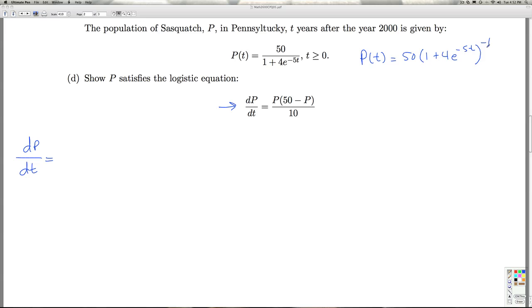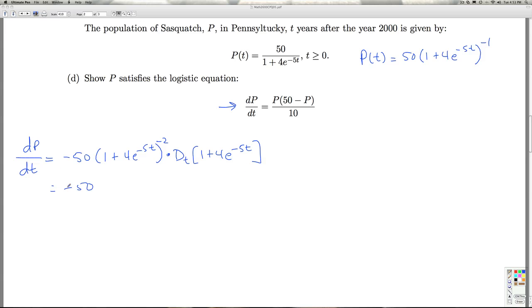The negative 1 comes down, giving negative 50 times (1 plus 4e to the negative 5t) to the negative 2 power, times the derivative of what's inside.